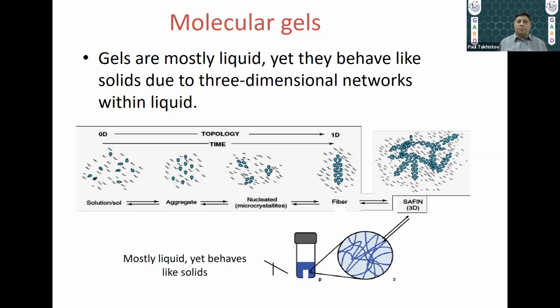Another interesting application is used for drug delivery and also for structured vegetable oil. It's called molecular gel. We all like to be healthy, and therefore we'd like to get rid of the animal fats and go to plant-based oils, but they are liquid at room temperature.